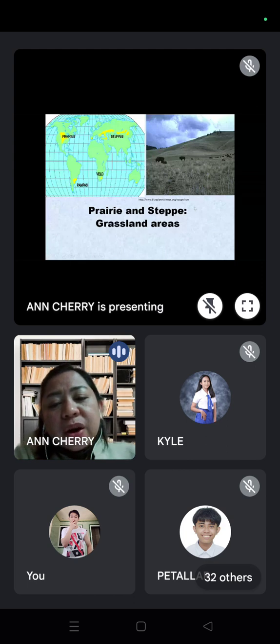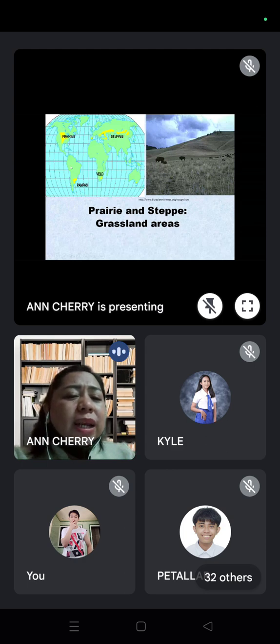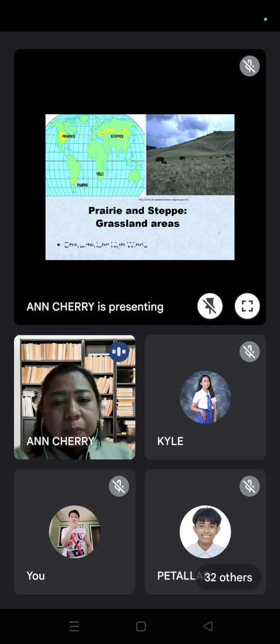While we have the prairie. Prairie is what grasslands are called depending on the location where they are found. So pampas is also a grassland.